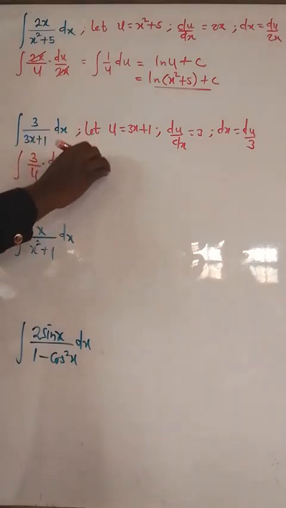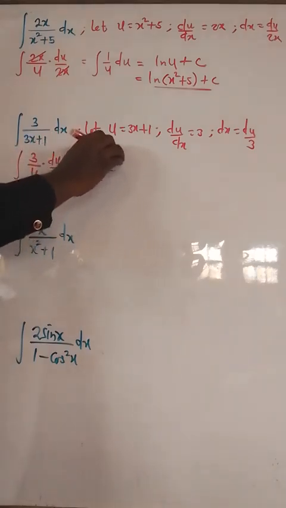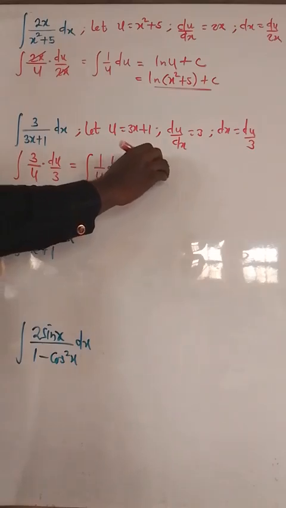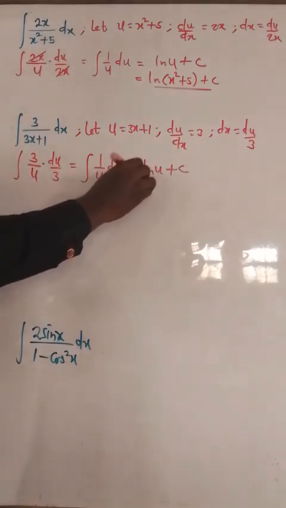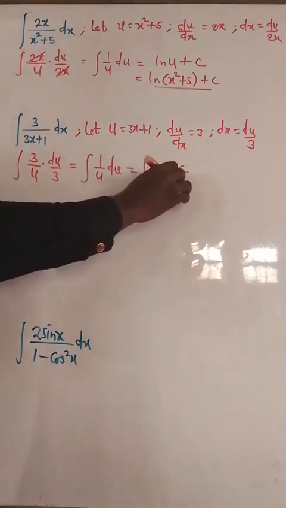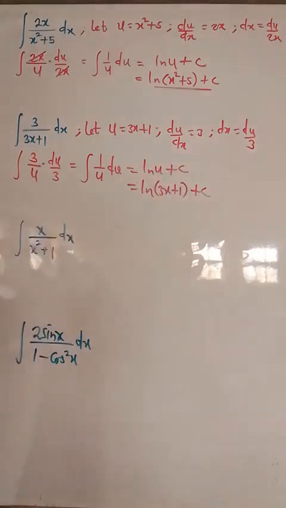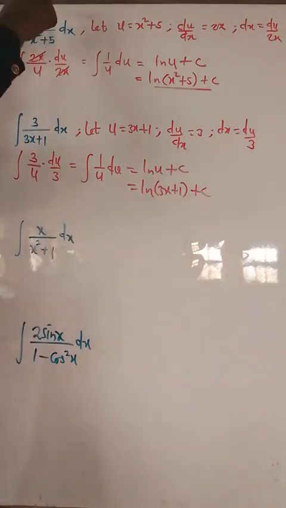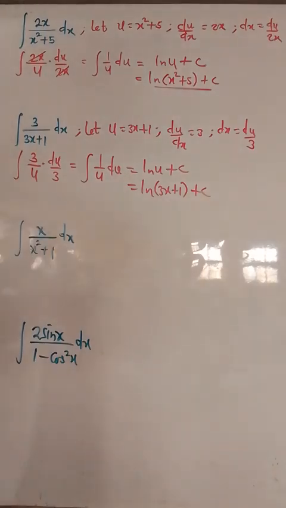So that's 1 over u du. So the answer is ln u plus c, and u is 3x plus 1, plus c. So in short, if we differentiate the denominator and we get exactly what we have in the numerator, the answer is just ln of the denominator.